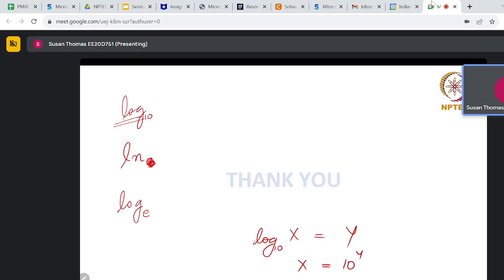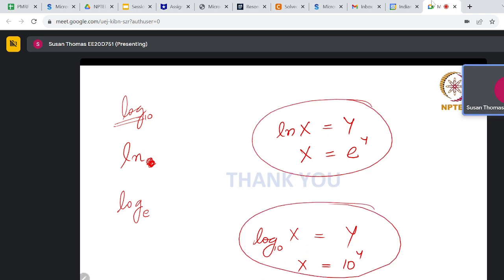Whereas if I write ln x is equal to y, then x will be e raised to y. Okay, madam, this is what I needed. Thank you, madam.